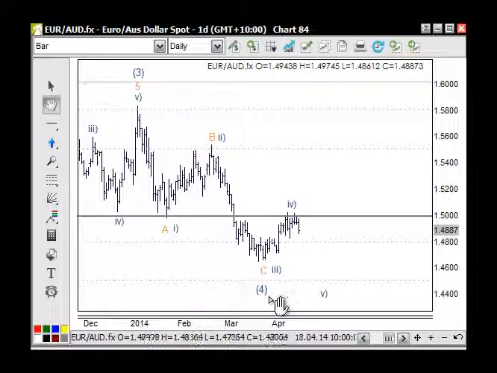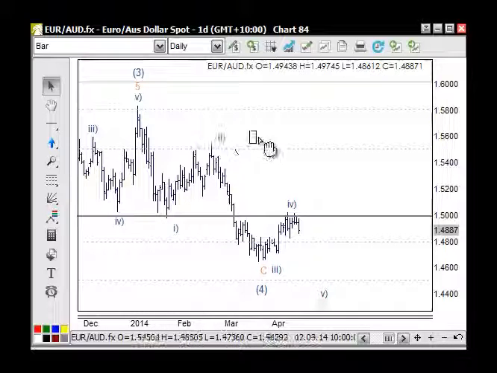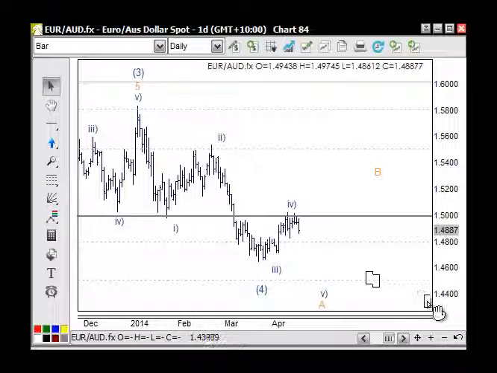So we've held the door open for a possible larger count to the downside, and that would be 1, 2, 3 here, 4 to here, and 5 to here. And if that's the case, then that would just make the A wave to here. Then we would see a B wave over here, and then a C wave down here a little bit further as the wave 4 here. So that's kind of what we're looking at the moment.